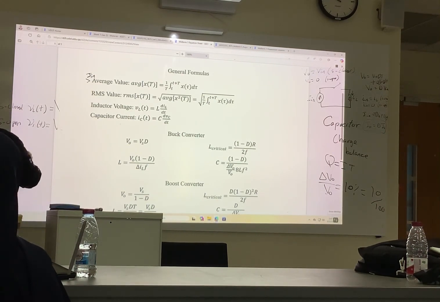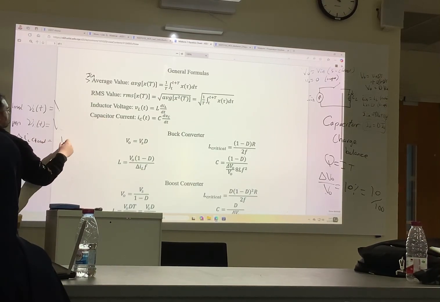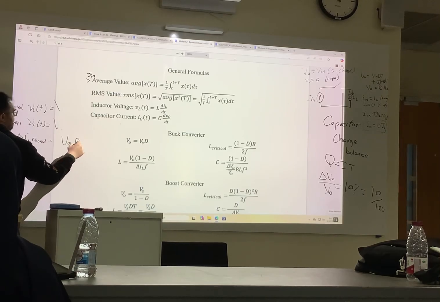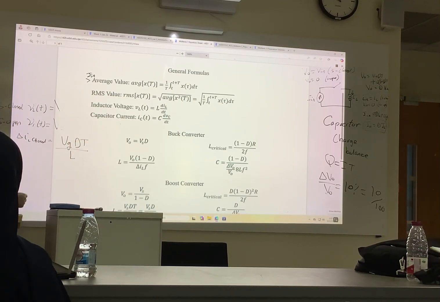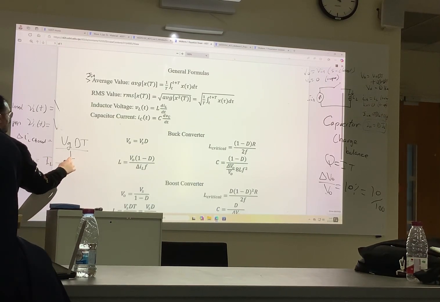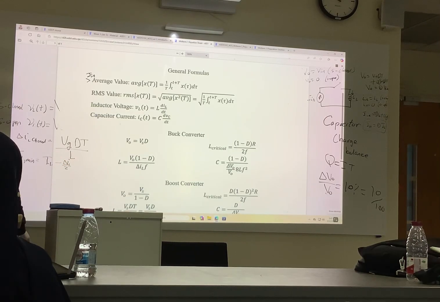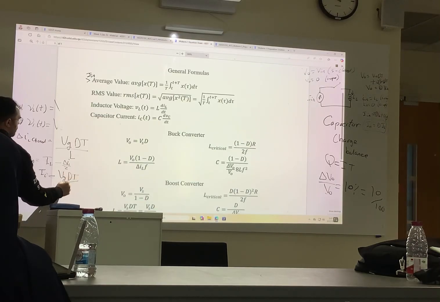So we know that delta IL close is Vg dt over L. And we know that IL minimum equals IL minus delta IL over 2. So I at least know this part. IL equals IL minus Vg dt over 2L.